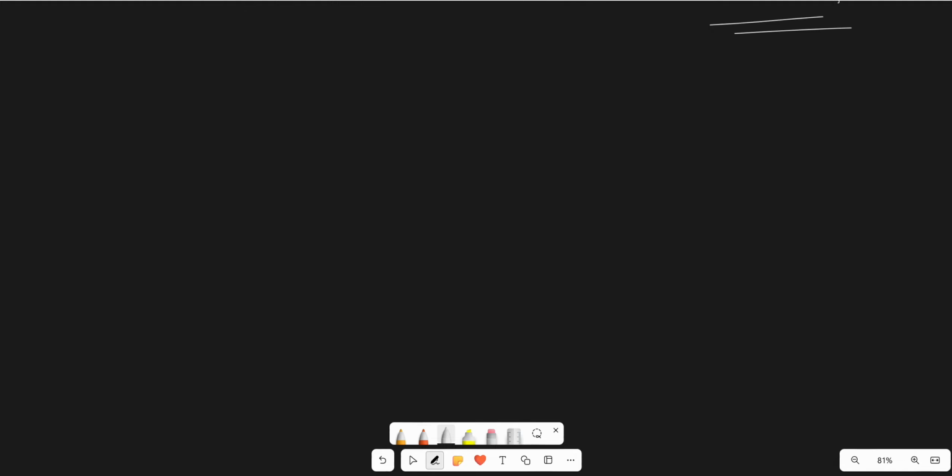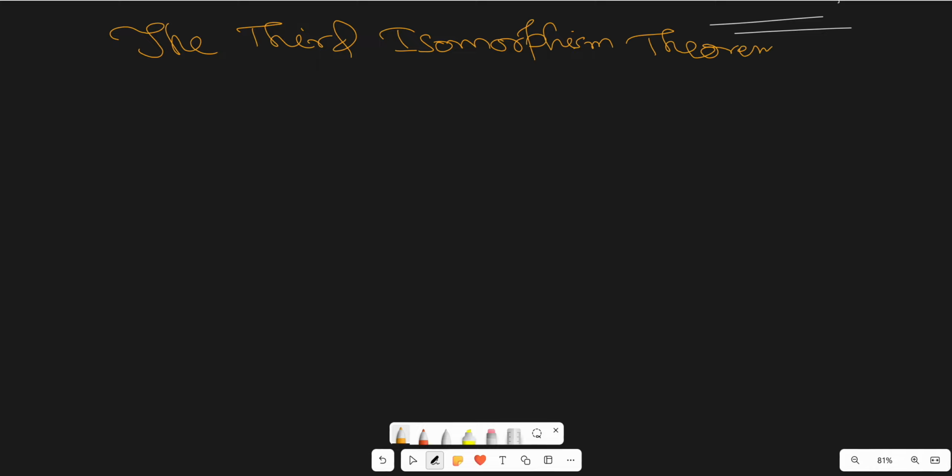This kind of thing is a little bit easy. So I'll give one more theorem here, called the third isomorphism theorem. I am again saying that this is most important, like for the ideal generated by two elements.